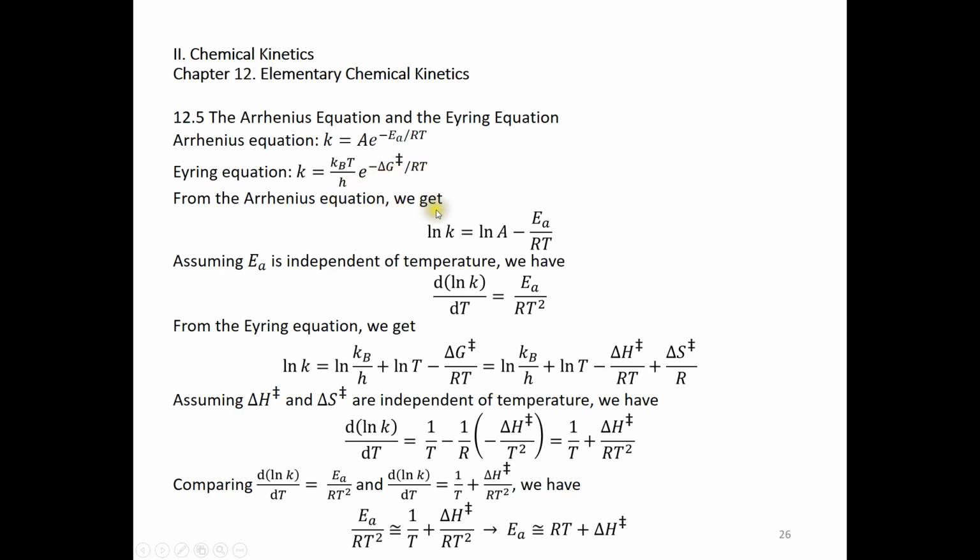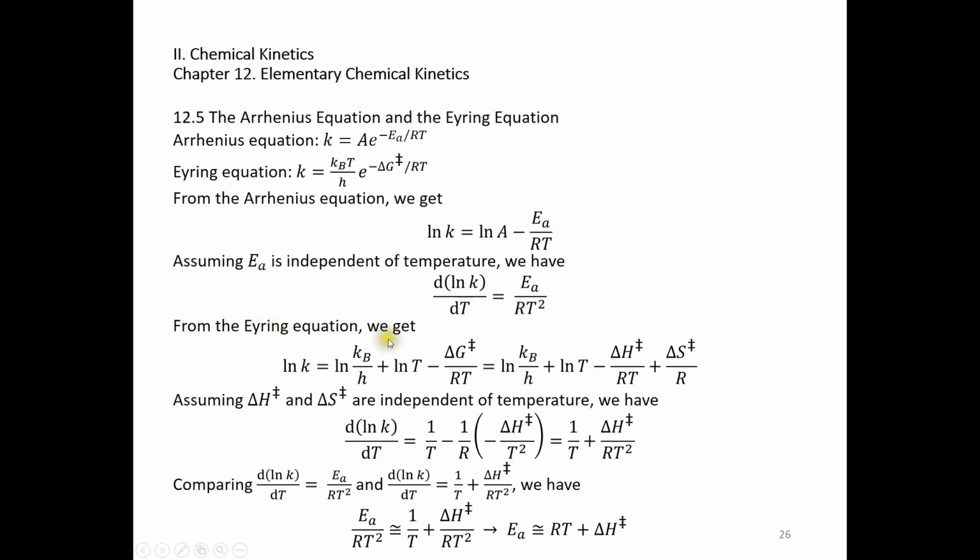From the Arrhenius equation, we know ln(k) is ln(A) minus activation energy over RT. If we assume the activation energy is independent of temperature, which is a reasonable assumption, then the first derivative of ln(k) with respect to temperature is simply E_a, the activation energy, over RT squared.